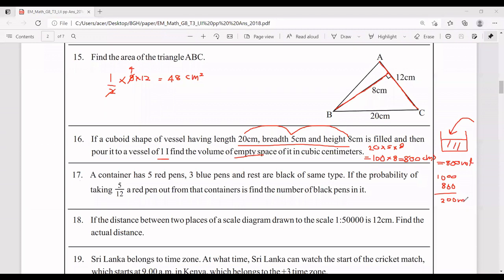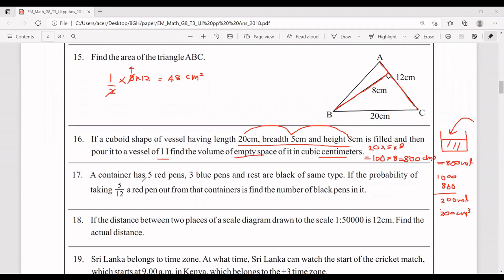Then you know 1 milliliter equals 1 cubic centimeter. So no need to change the quantity. The quantity is the same, 200. You can write the answer as 200 cubic centimeters. 1 milliliter equals 1 cubic centimeter, so 200 milliliters equals 200 cubic centimeters.